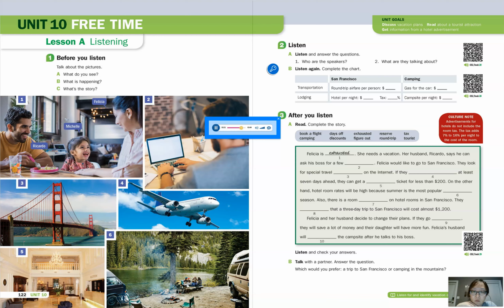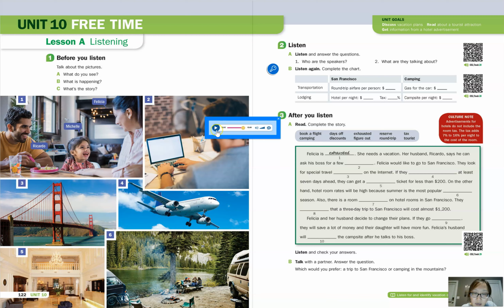But that won't be too much if we grill hamburgers. Michelle will probably have more fun camping, too. I agree. So, what do you think? Should we make a reservation? I'll reserve the campsite after I talk to my boss tomorrow. I hope he says yes. We really need a vacation.